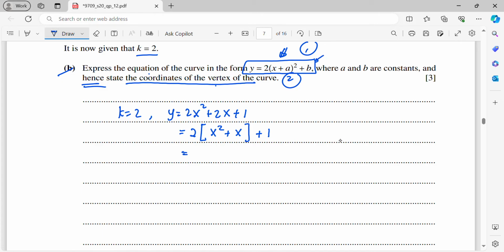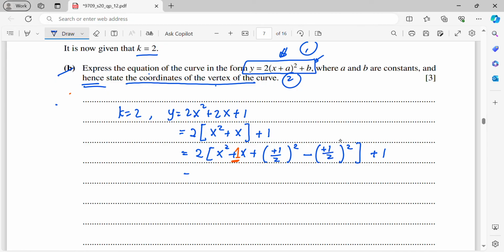Right, so now you rewrite these two terms inside the bracket, and then we need to plus square of a term and minus square of the term, then plus 1. So these two brackets are the additional terms. The term inside the brackets is basically the half of the coefficient of x. Your coefficient of x is plus 1. Therefore, it is plus 1 over 2. Okay, this is how I get it.